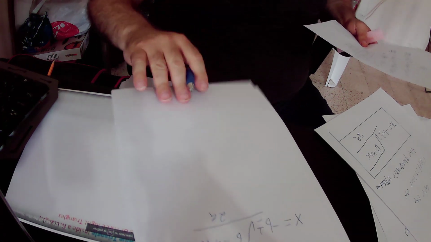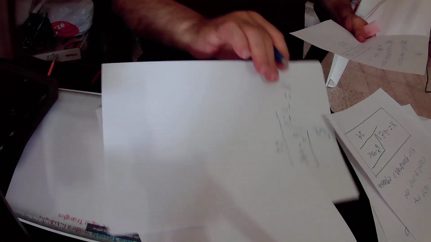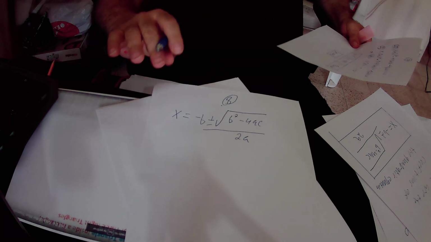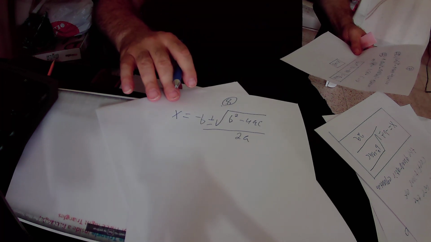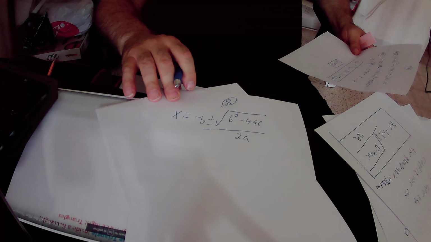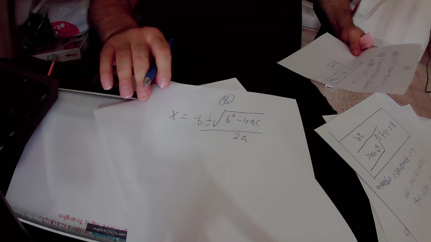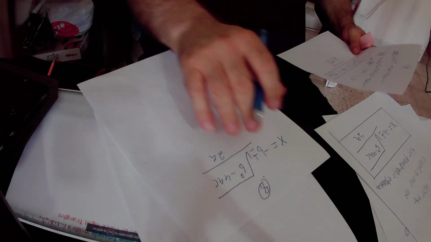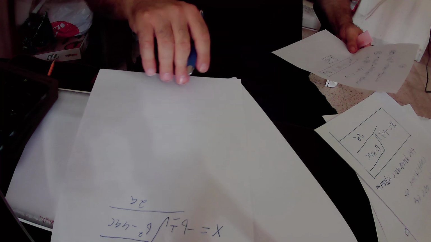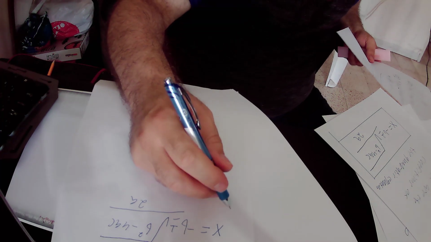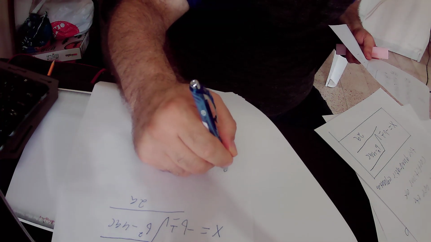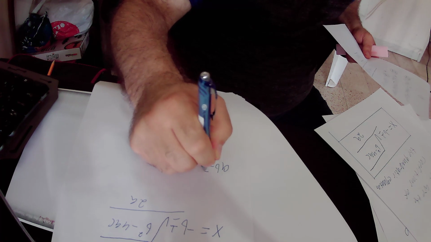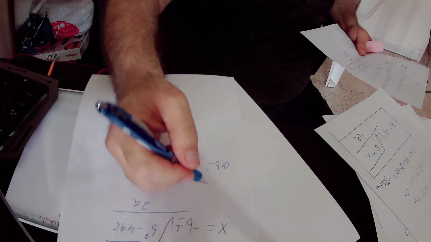So as I have already told you, here x equals AB, so I will write it down. Instead of x, I will write AB. AB equals minus b.